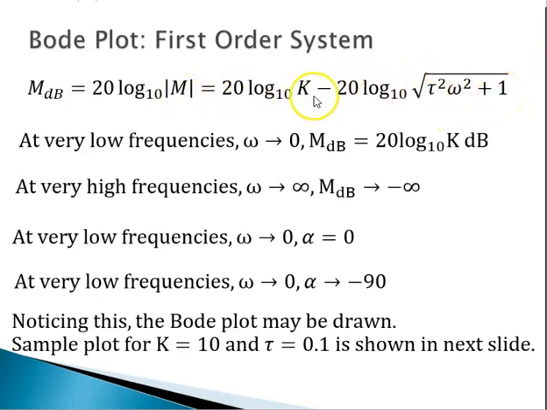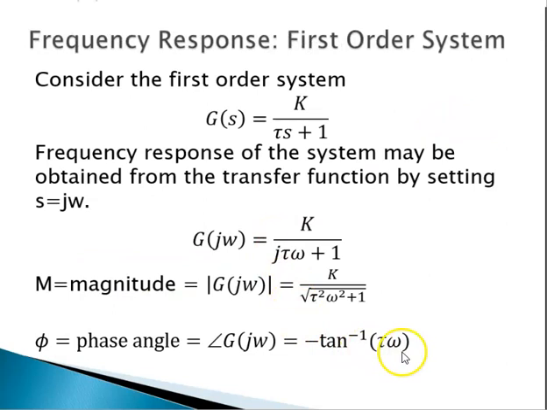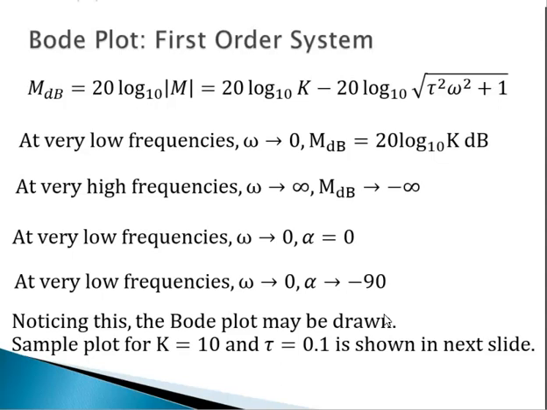So it is 20 log to the base 10 K. At very high frequencies, this M tends to infinity, because when omega tends to infinity, it becomes very big. Similarly, at low frequencies, omega is very small, this angle is 0. When omega is very big, tan inverse infinity is minus 90. That's what we observe here.